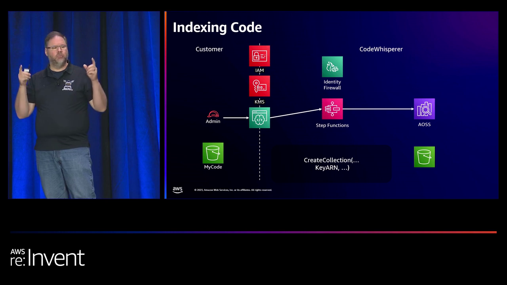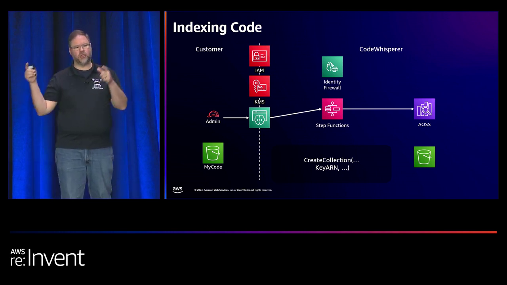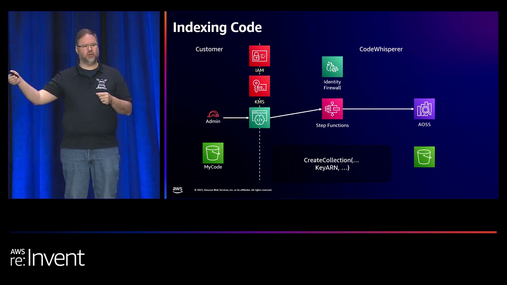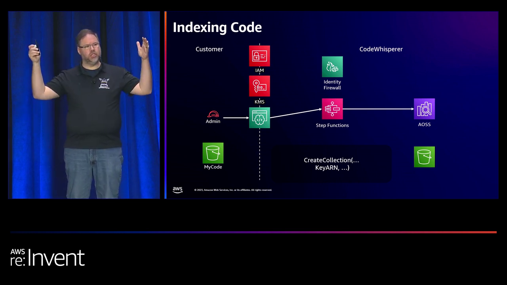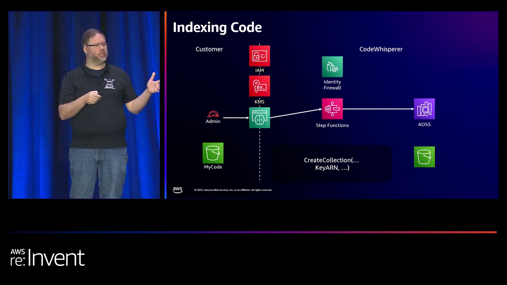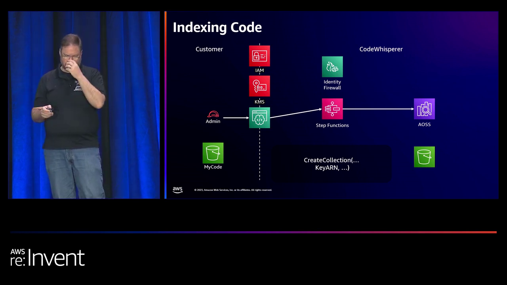that they have. But because Amazon OpenSearch Serverless exists, because we have another service team that solves this problem for them, we can create extra collections. Every time a customer creates a customization, we create a new collection. And so rather than using this giant ball of code, the OpenSearch query processing engine, to make sure that we keep customers separate, we've got this very simple mechanism where it's just a separate collection per customer, per customization.